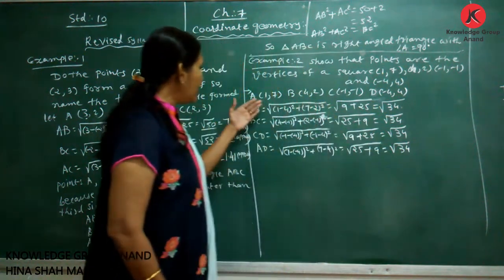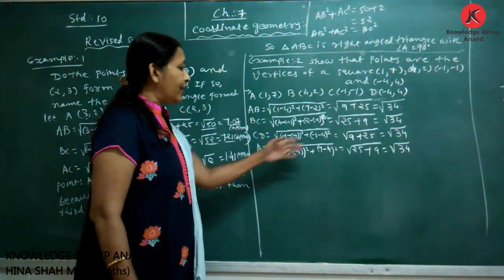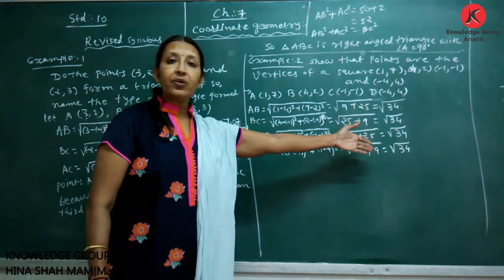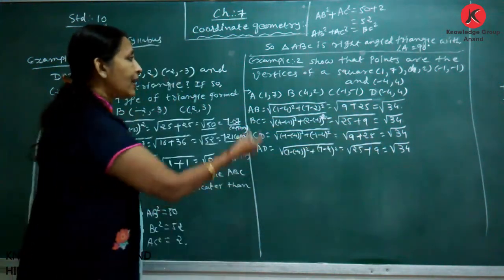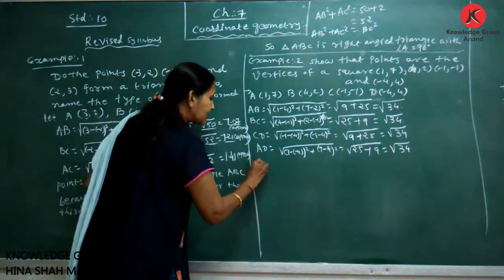We find all sides AB, BC, CD, DA are equal to root 34. Now we find its diagonals.